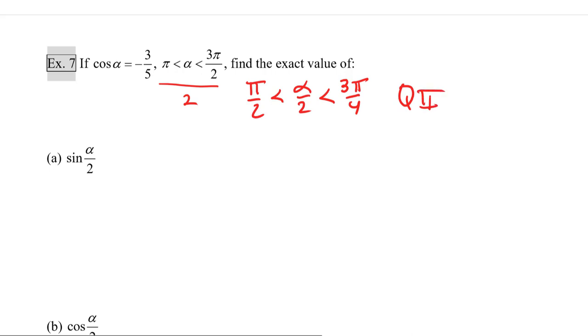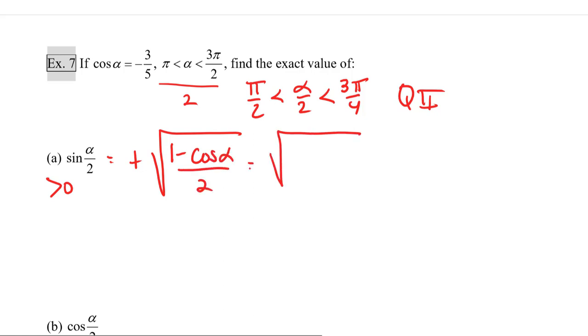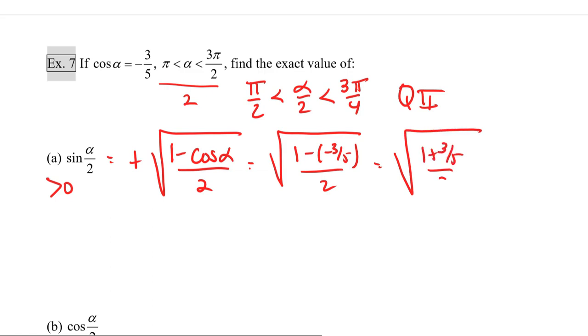So in quadrant 2, sine is positive. So the sine of alpha over 2 is going to be the positive root of 1 minus the cosine of alpha over 2, which is going to be the square root of 1 minus negative 3/5 over 2, which becomes 1 plus 3/5 over 2.